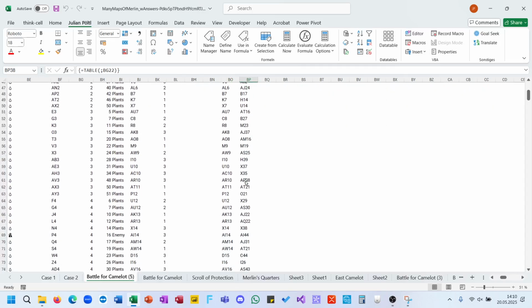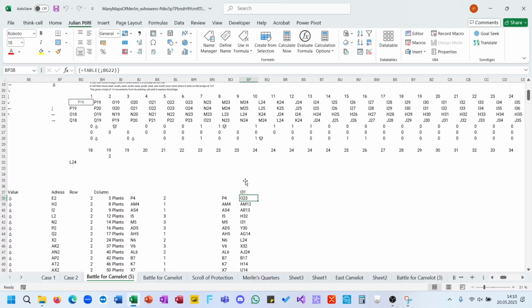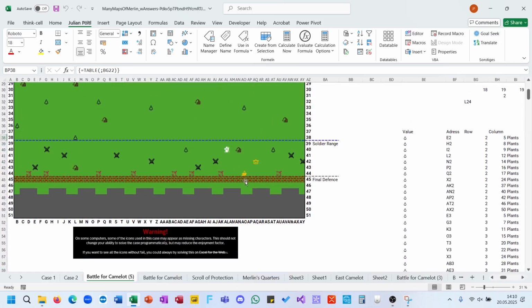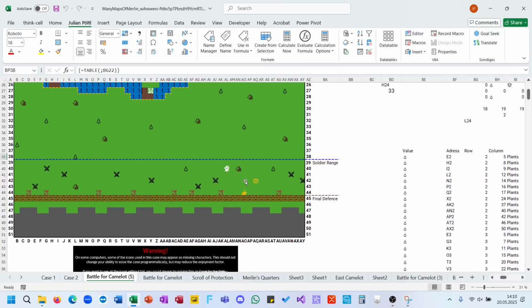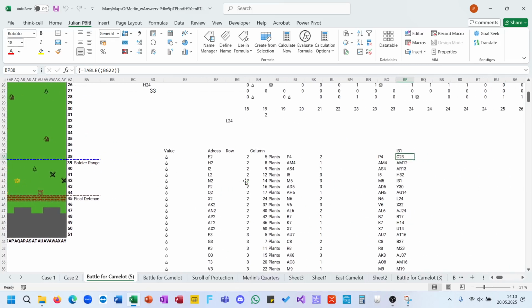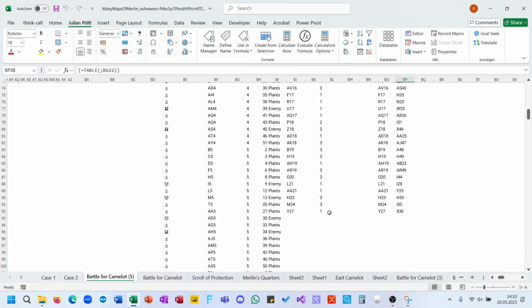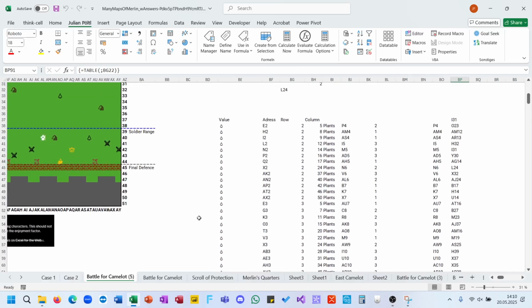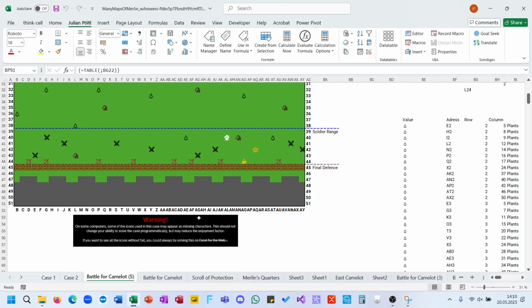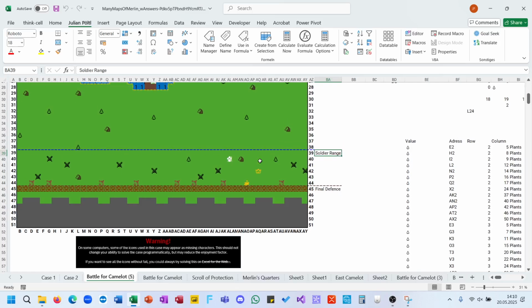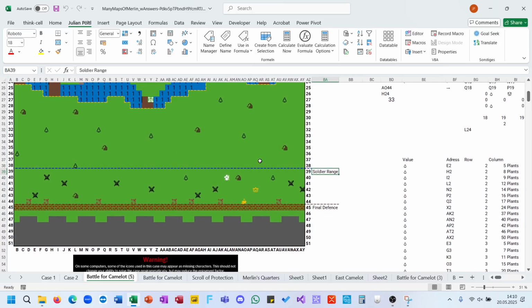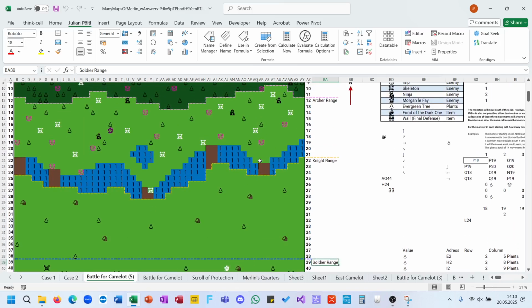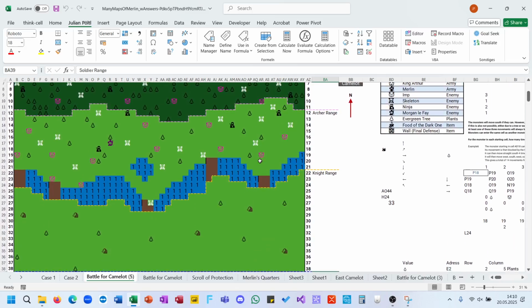Okay, we've calculated everything. Oh, but we can't move over walls. So I-50 isn't possible, I think. Yeah, but I think then we are in soldier range.